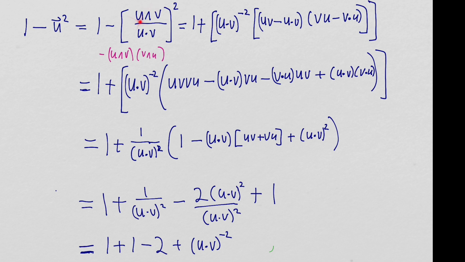But we make this substitution in here for this u wedge v squared, and then they use the fact that u wedge v equals the geometric product of u and v minus u dot v, right? That is just using the fact that the geometric product is u dot v plus u wedge v.